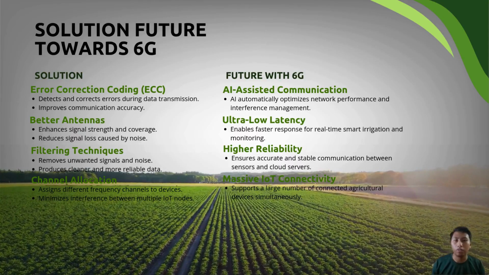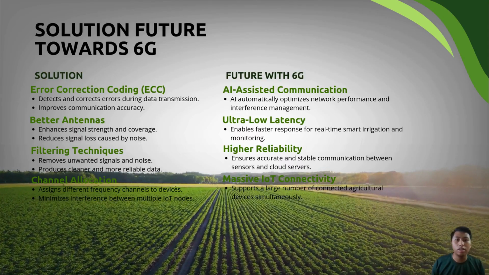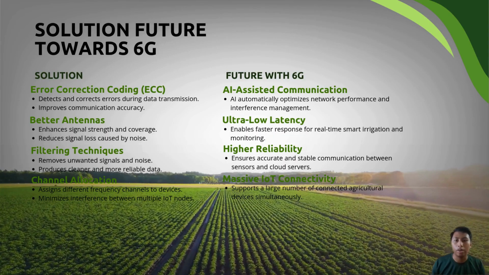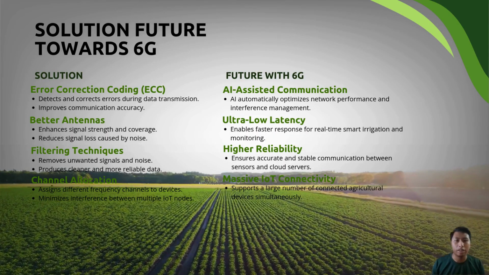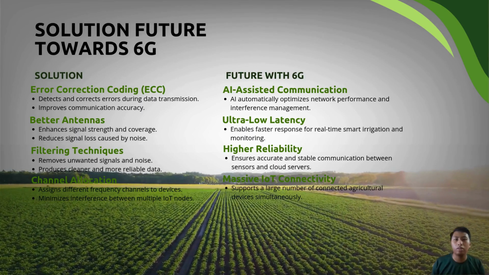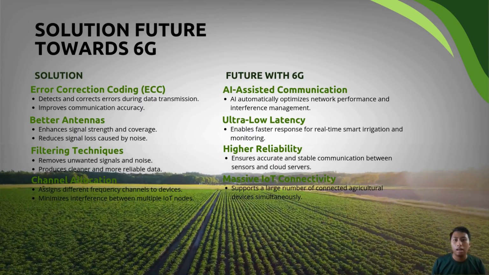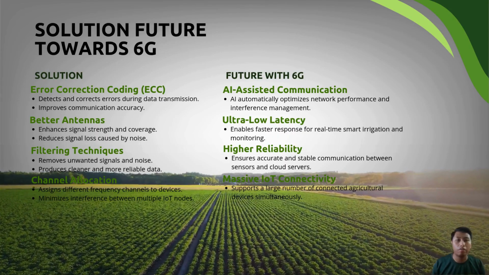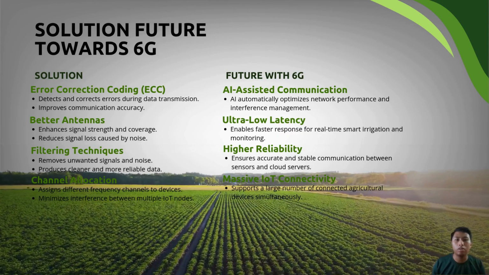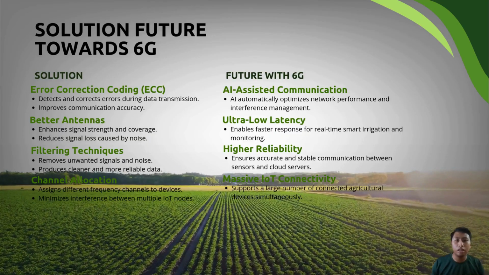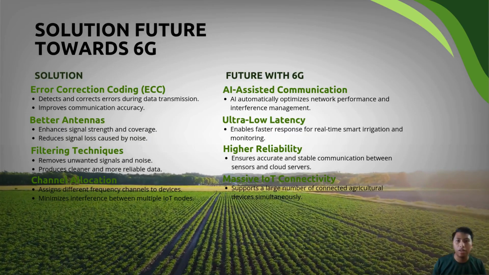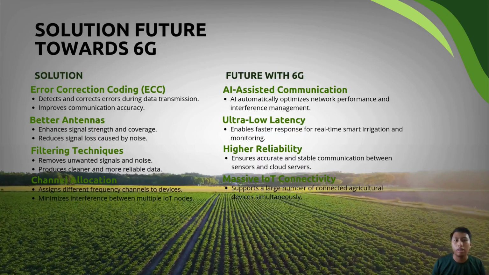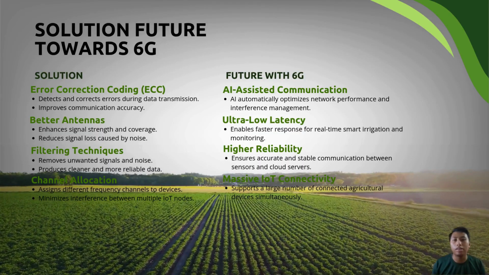Looking to the future, 6G technology is expected to significantly improve smart agriculture systems. With AI-assisted communication, the network will be able to dynamically optimize performance and manage interference more efficiently. Ultra-low latency will be enabled, with faster response time, which is very important for real-time applications such as smart irrigation and monitoring systems.